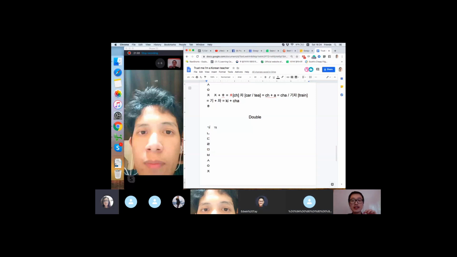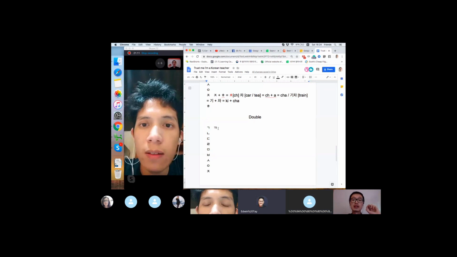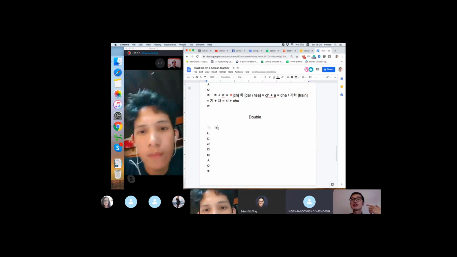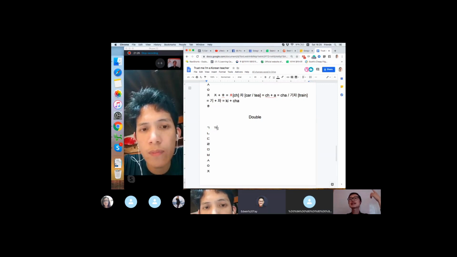The sound of the basic consonant 기역 is k, k, right? But for the double consonant, when you make the sound, imagine that you are singing the high note. So the sound must be like a g, g, g.